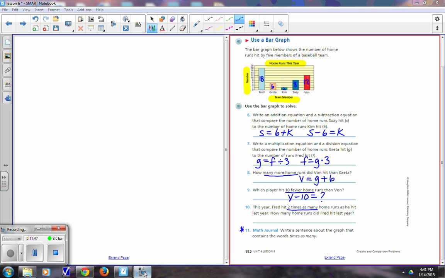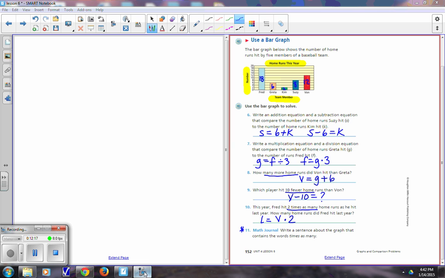Number 10 is, this year, Fred hit 2 times as many home runs as he hit last year. How many home runs did Fred hit last year? So I'm going to say L for last year. So L equals Vaughn times 2.